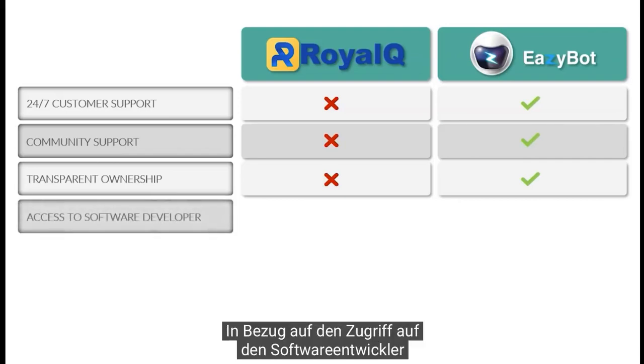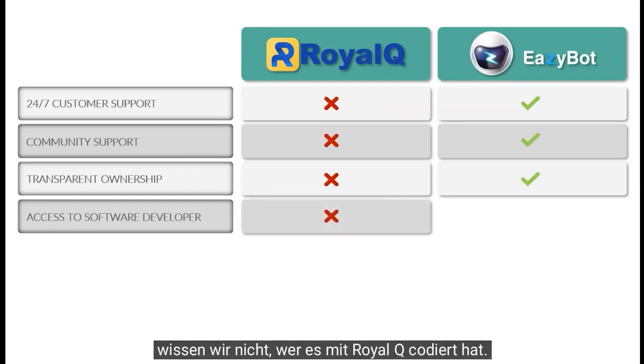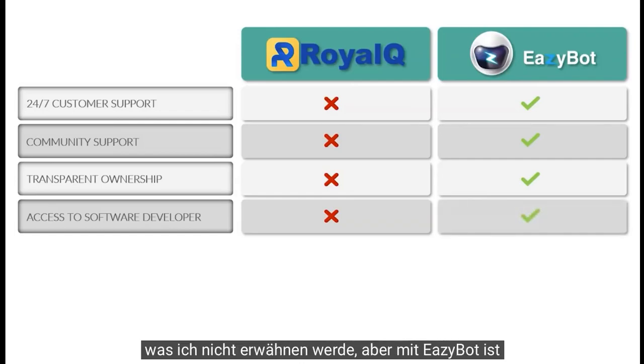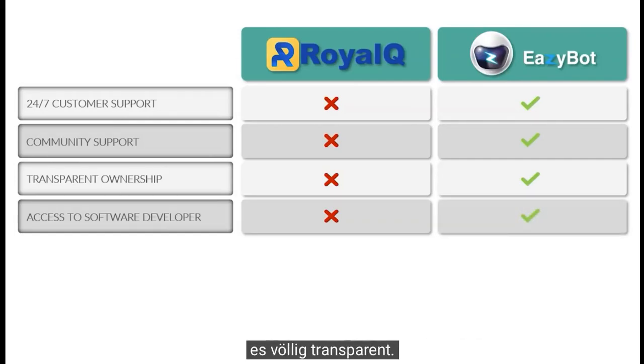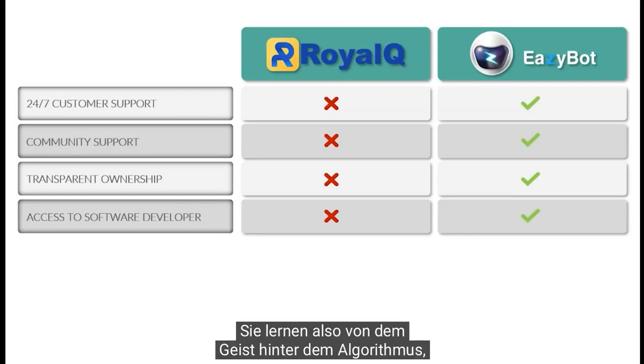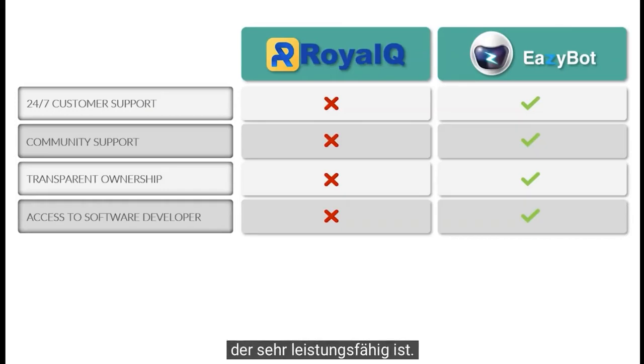In terms of access to the software developer, we don't know who coded it with RoyalQ. There's rumors that it was a white label of another company, which I won't mention, but with Eazybot, it's fully transparent. Again, we have access to this person multiple times per week on live Zooms inside of the community, so you get to learn from the mind behind the algorithm, which is very powerful.